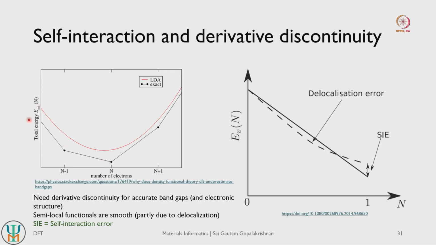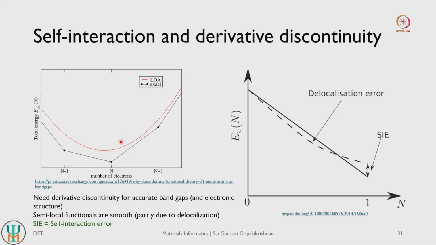Which implies if I just calculate the energy, the energy should be discrete. It should have a certain energy at n electrons, a certain energy at n minus 1 electrons, and a certain energy at n plus 1 electrons, and between these there is no real definition of an energy.